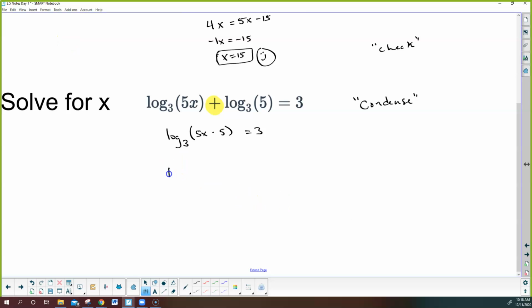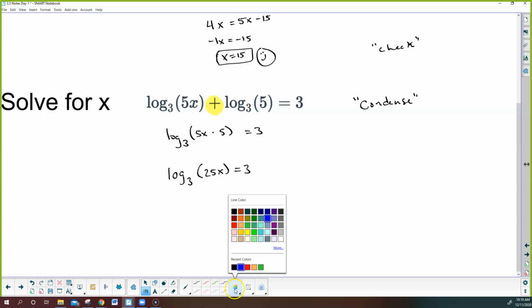I'm just showing basically all my steps in case somebody is looking back at these notes later on. So now this is just a problem where we can do our change of base.